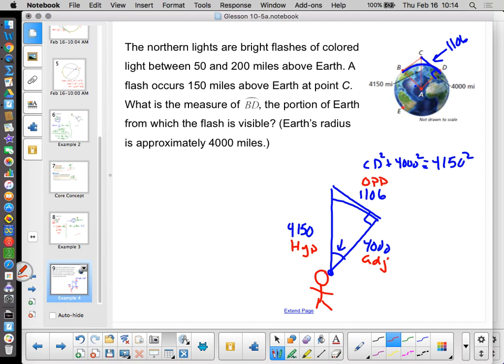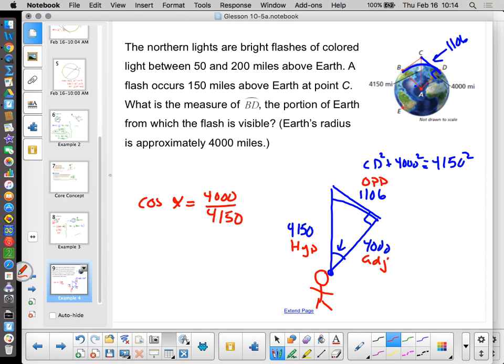And to solve for an unknown angle, I just set up a proportion. Now, I can choose, because I know all three sides, sine, cosine, or tangent. Let's go ahead and use cosine, because that uses the given numbers of 4,000 and 4,150. So cosine of my angle, which I'll call x for now, equals adjacent over hypotenuse.